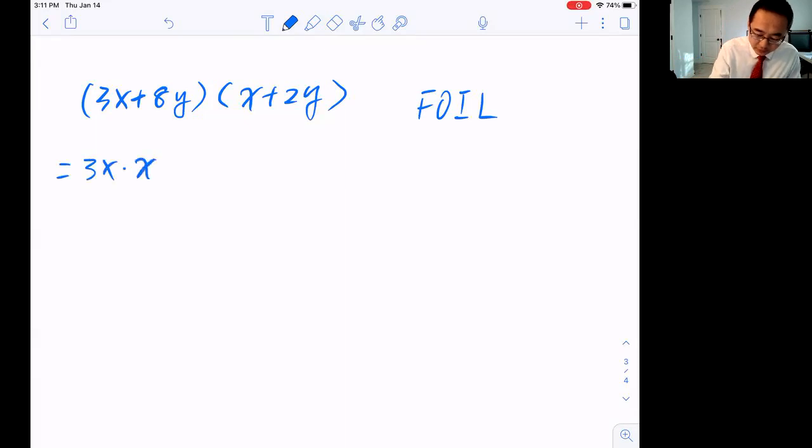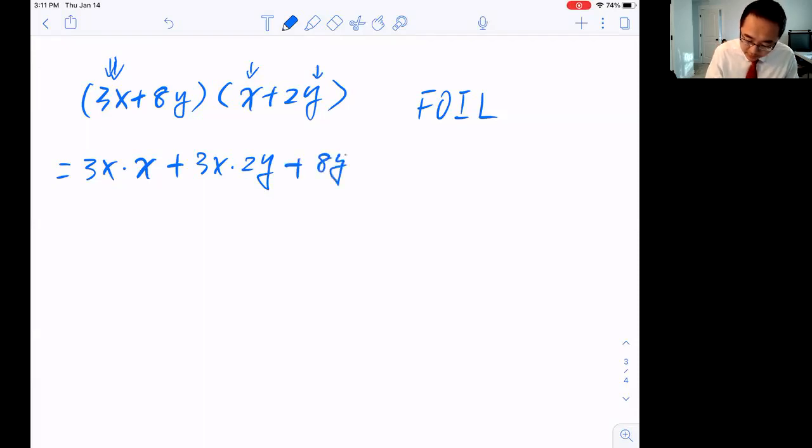Then plus the outside numbers, 3x times 2y. Plus the inside numbers, 8y times x, plus the last numbers, 8y times y. That's how you expand parentheses, right?